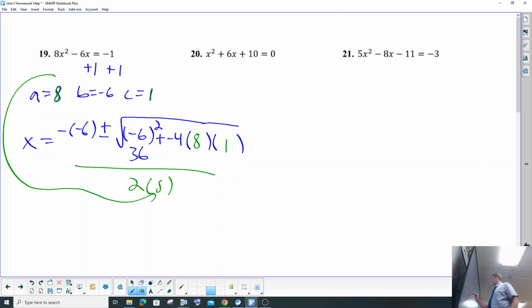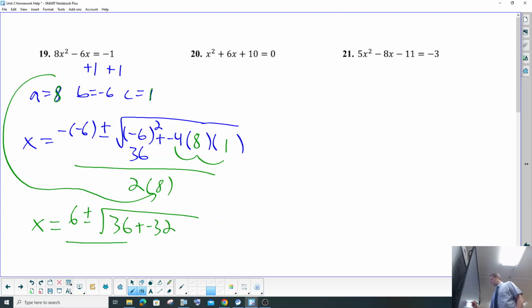Whoa! So then we get x equals negative b, which is a positive 6, plus or minus the square root of 36. Careful now. So plus a negative number, so negative 4 times 8 times 1 is a negative 32. Ooh, all over 2 times 8 is 16.